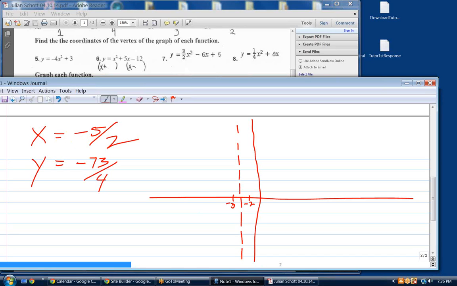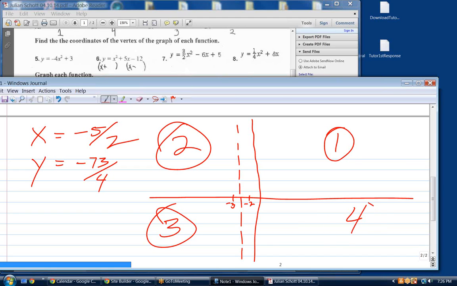So where's my vertex now? If this is quadrant 1, 2, 3, and 4, where's my vertex in which quadrant? 2. It's negative 73/4. Oh, so quadrant 4? 3. Oh. In other words, I'm already to the left of the y-axis because my x value is negative, right?